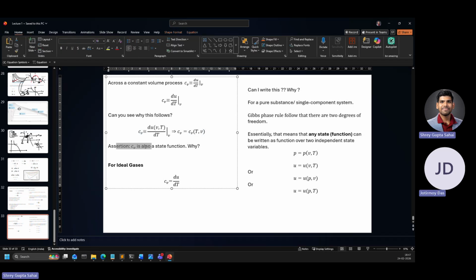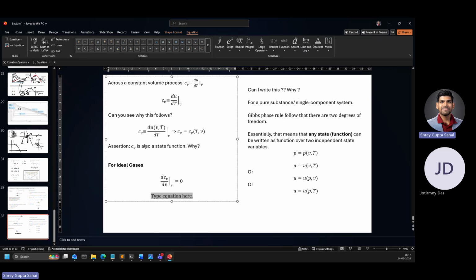Now, for ideal gas, the following simplification follows. For ideal gas, this happens. Essentially, I'll tell you what I mean.